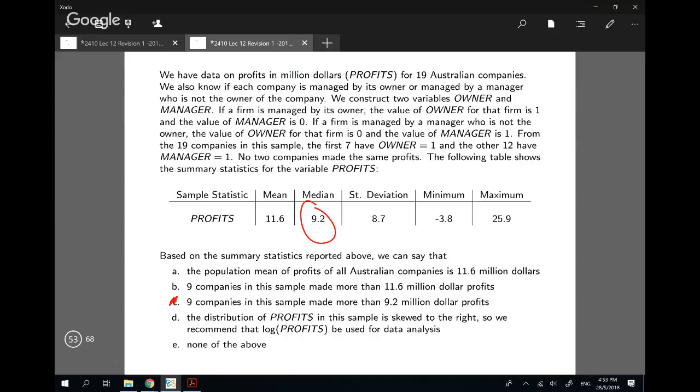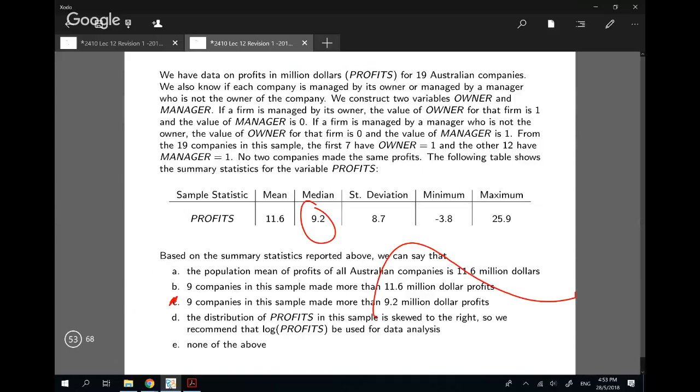This is a sample mean. Can we say the population mean will be 11.6 also? No, we can't say that. It could be true, but we can't really say that. So 9 companies in the sample made more than 11.6. This is a skewness thing again. It's right skew.